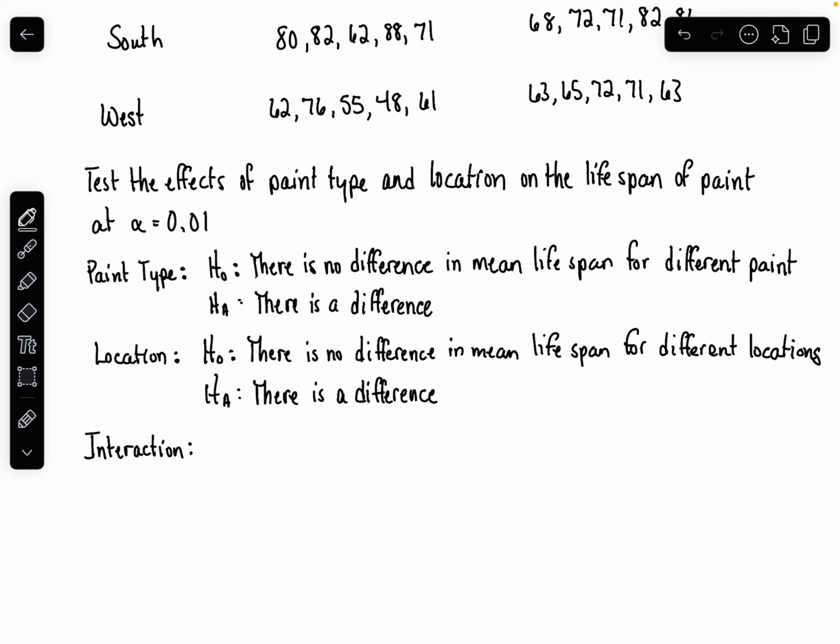So this null hypothesis is going to be that there is no interaction. Instead of looking at just enamel versus latex, or just north versus east versus south versus west, we now need to look at all of these as individual groups, so that each group is determined by both factors.